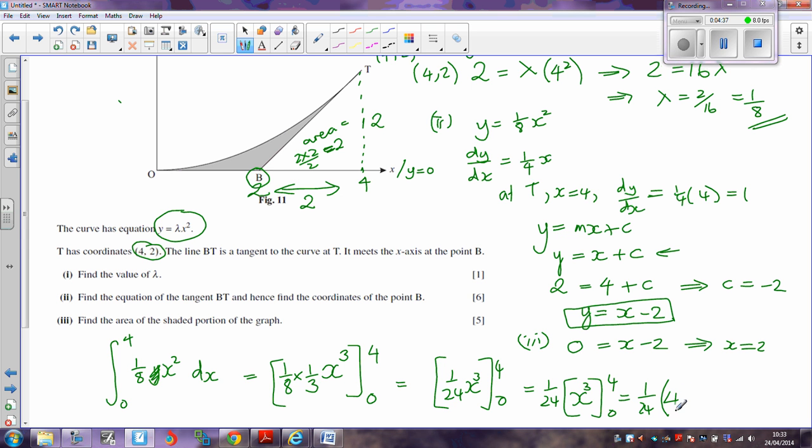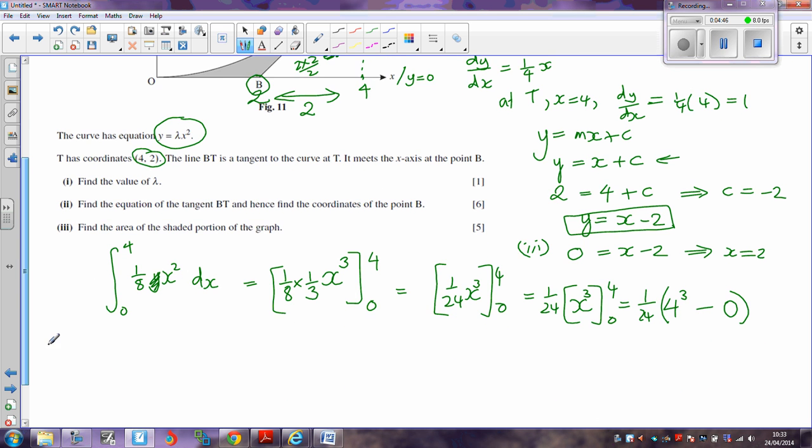Well, that's going to give me 4 cubed, and then I subtract the lower limit substituted in. Well, that's just going to be 0 cubed, which is just 0, which means that I'm going to just have a 24th times, well, 4 cubed is 64. So the area under the curve is 64 over 24, well, what's that? That's 32 over 12, which is 16 over 6, which is 8 over 3.